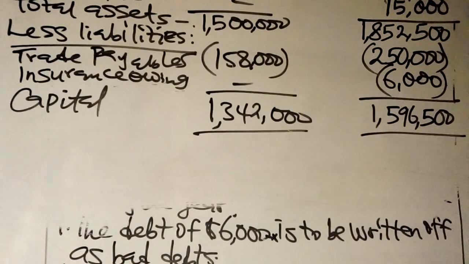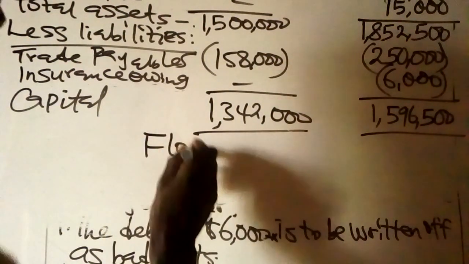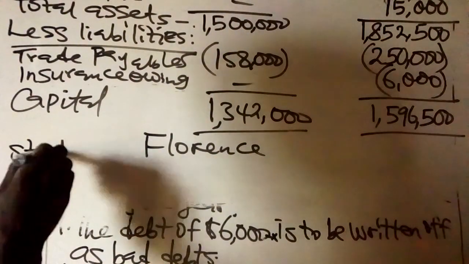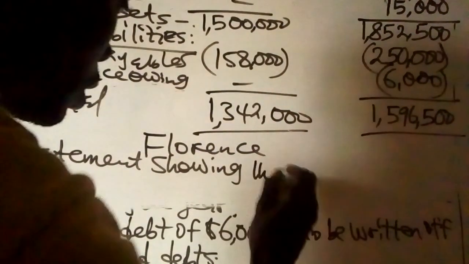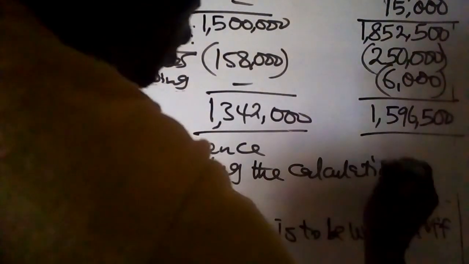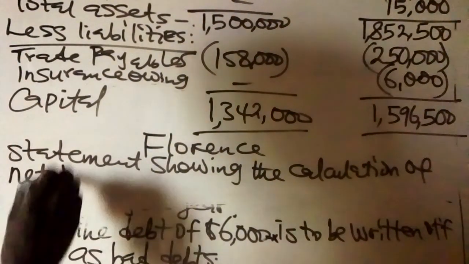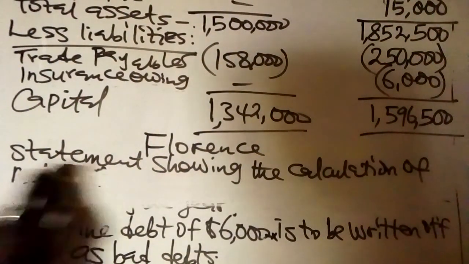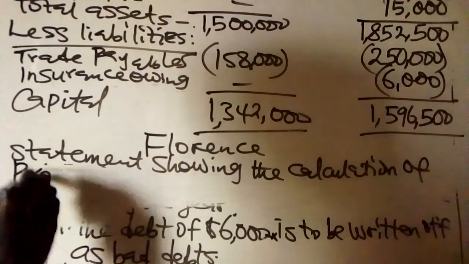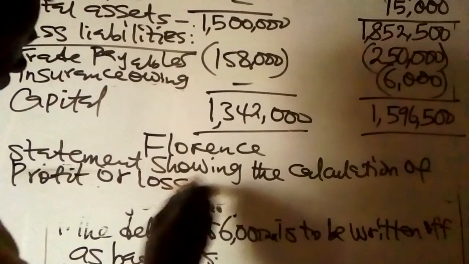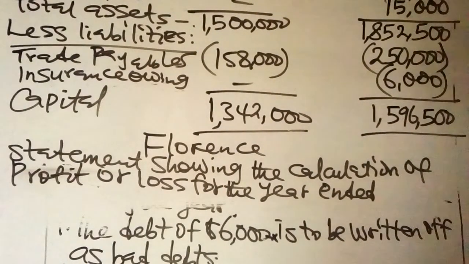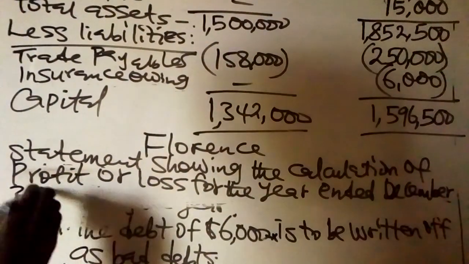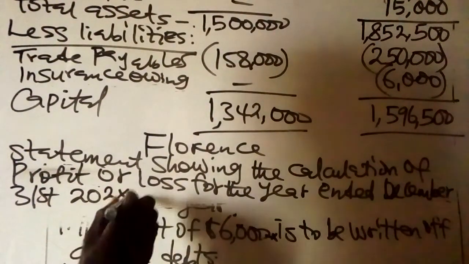So you want to prepare the profit statement. We now have Florence's statement showing the calculation of the net profit or loss for the year ended December 31st, 22x.